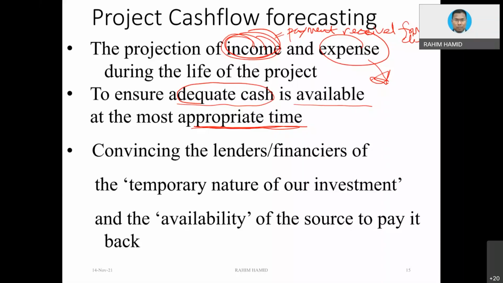And let's say if you do not have your own money, you want to take a loan. Taking a loan also requires the right timing because you do not want to take the loan too early or too late. Too early means you are going to pay more interest than necessary. That is the issue. In fact, there are bridging loans for contractors.